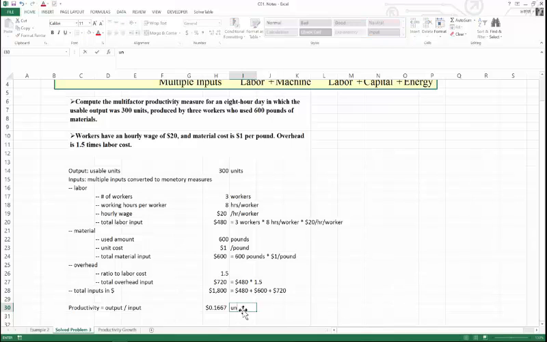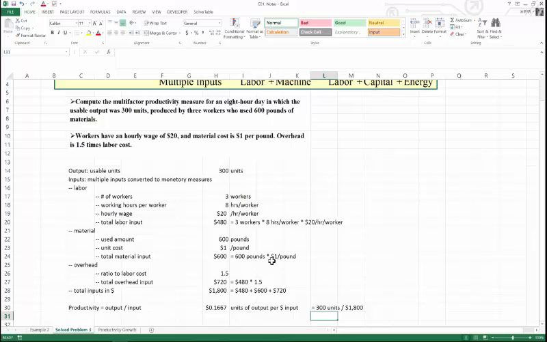So this is the units of output per dollar of input, calculated by 300 units divided by $1,800.